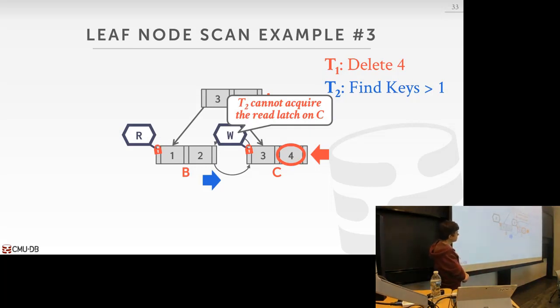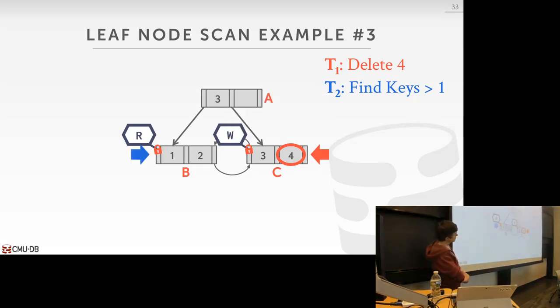And so it will have a right latch on the parent. So in this case, that blue thread can't have a read latch, so there cannot be a deadlock. So his statement is that if C really wanted to go in this direction and do some modification, wouldn't it have to have a right latch up above, and therefore this thread would not have been able to get down here to go across.